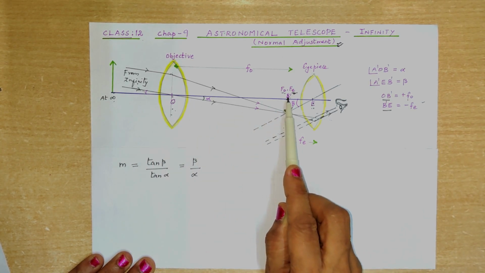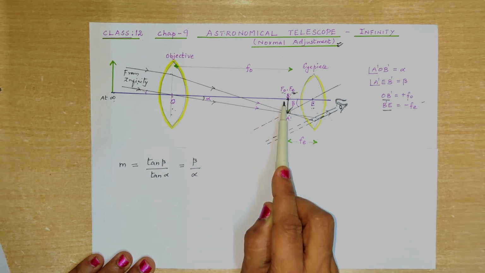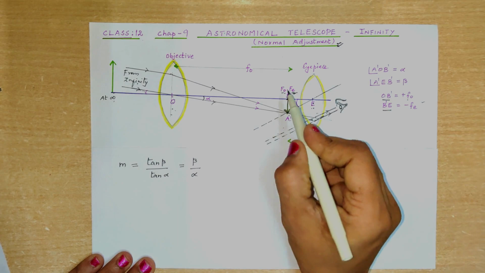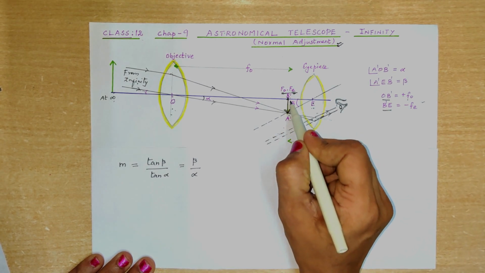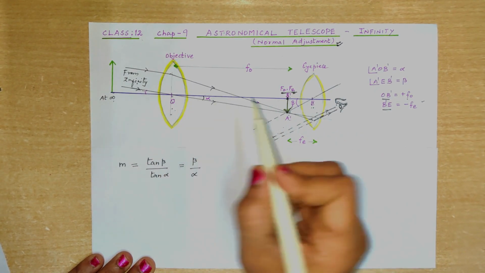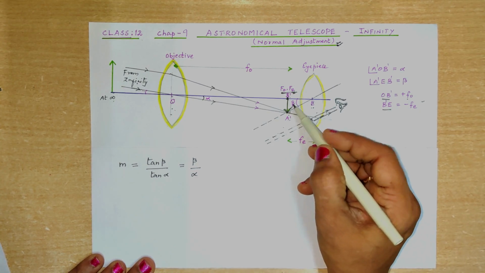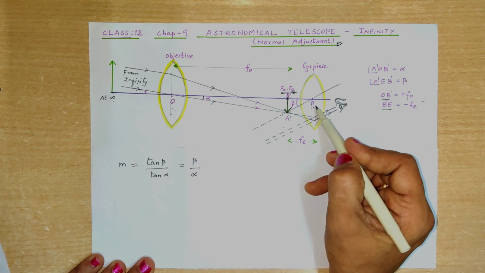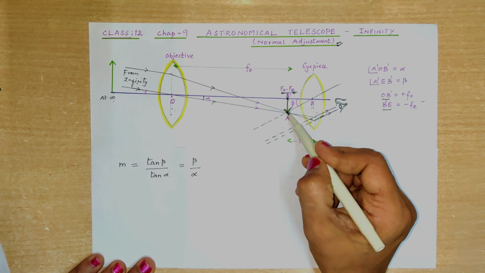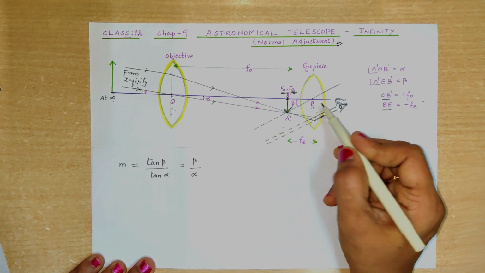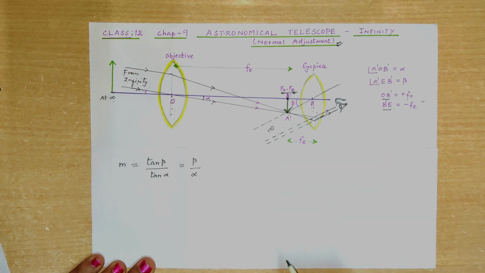At this point, the focus of the objective and the focus of the eyepiece meet at the same place. You can find FO and FE at the same point. And these rays form an inverted point image, which is obtained at the focus of the eyepiece. Therefore, this behaves as an object for the eyepiece and forms the final image at infinite position.